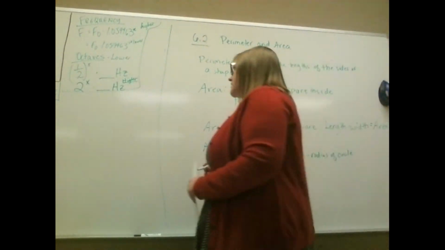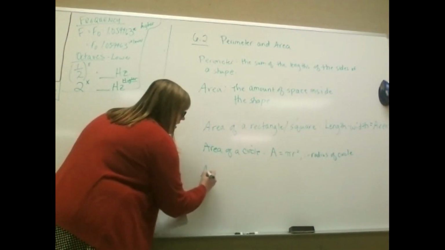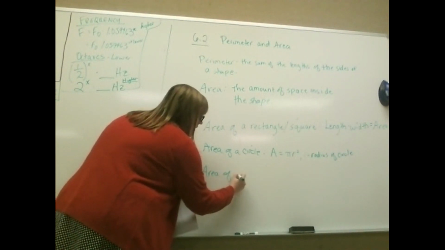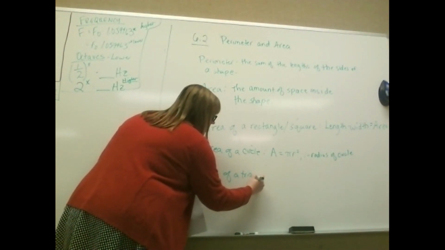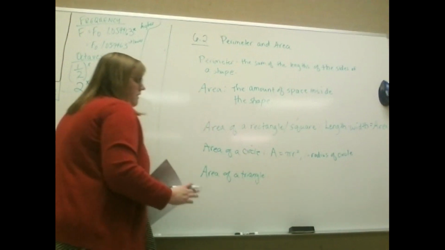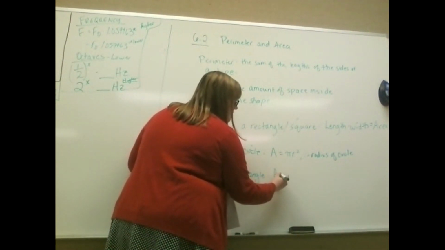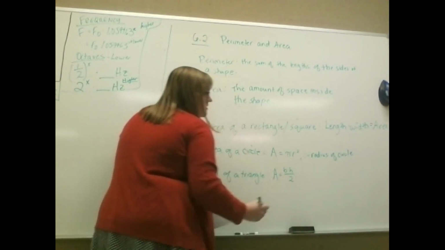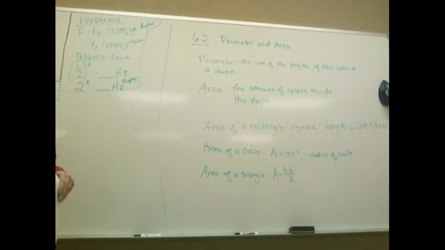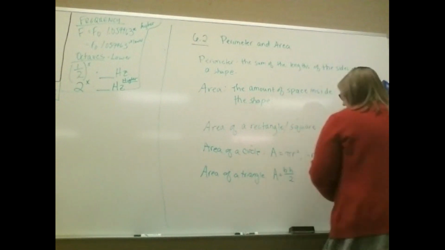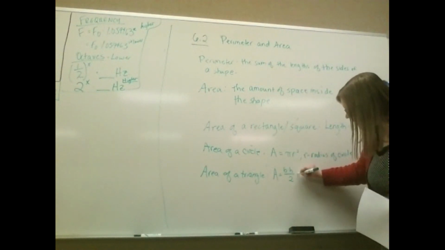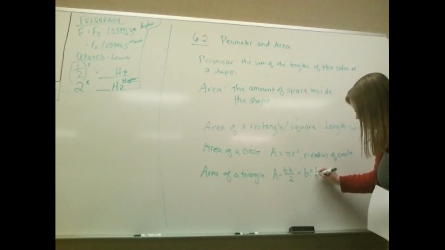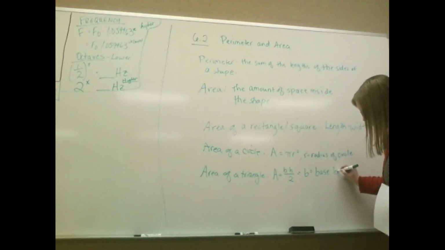And last but not least, you need to know the area of a triangle. And that area is equal to the base times the height divided by 2. I'm going to write what these letters mean over here. B is the base length.